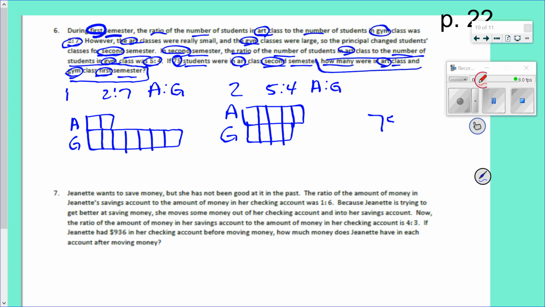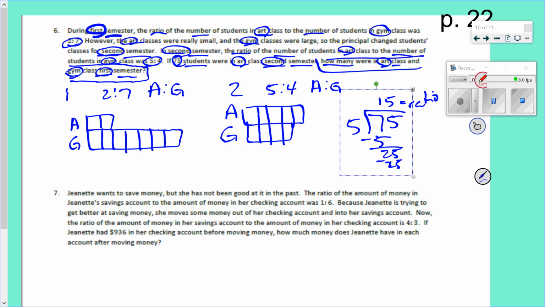It means I'm taking the 75, dividing that by 5, and that's going to give me 15. That is my ratio constant. Once I have my ratio constant, now it goes into every box.